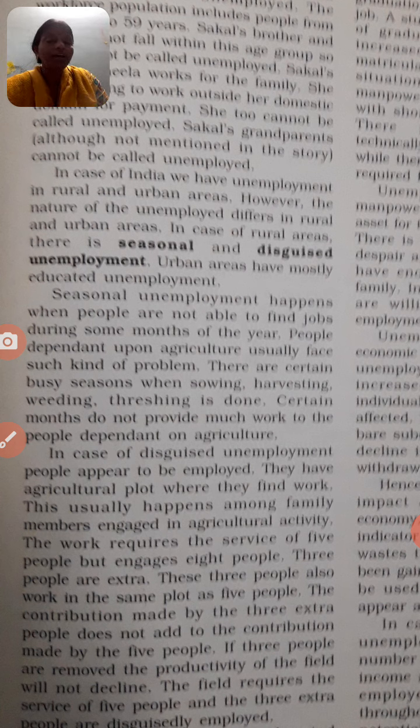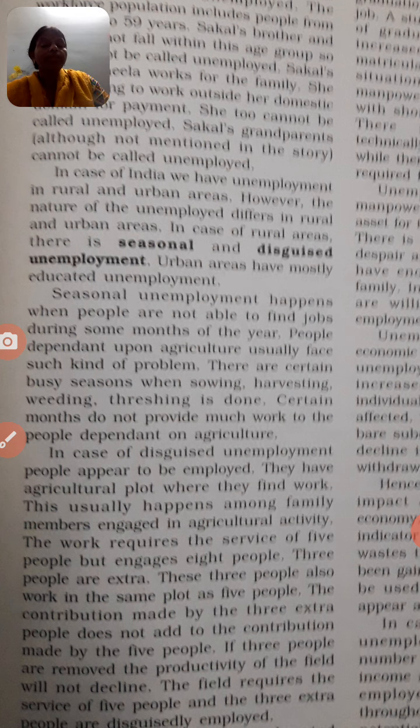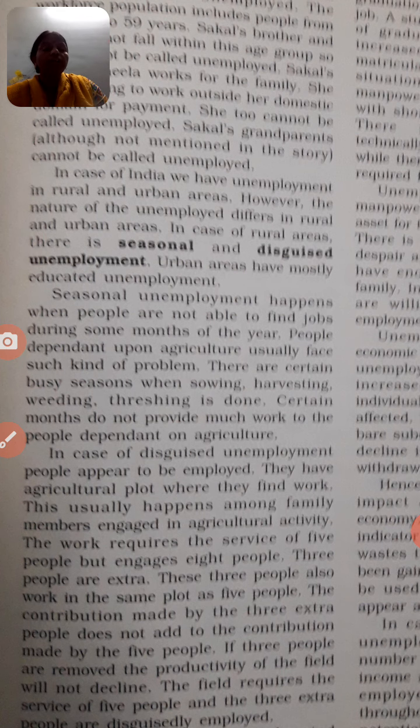In between two crop seasons there are a few days, even a month, when they have no work. So for these 3 to 4 months the laborers become unemployed, and this occurs because of the nature of agricultural work. That is why it is called seasonal unemployment.